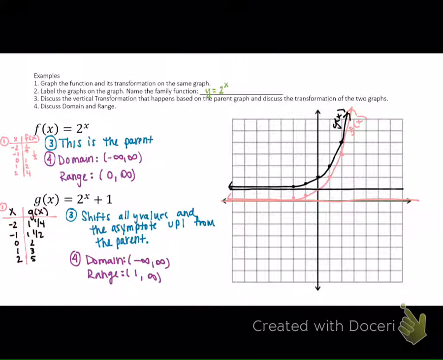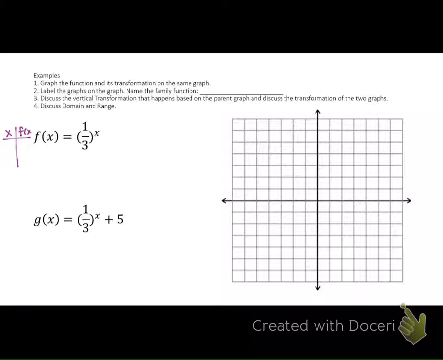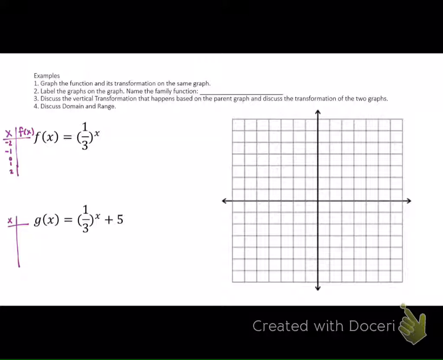Go ahead and start making your tables, and we can start making those graphs. So start your tables for both and get them graphed.